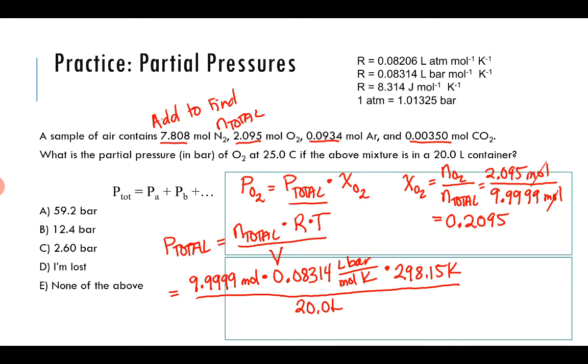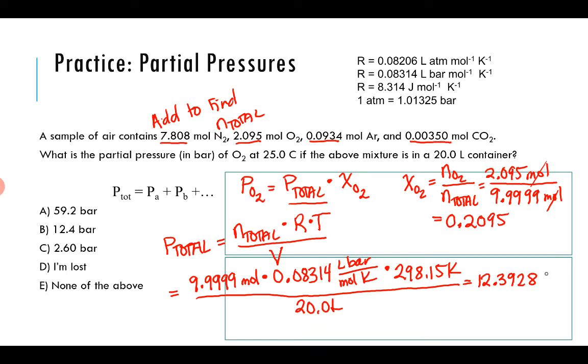And so typing that all into my calculator, I get 9.9999 times 0.08314 times 298.15 divided by 20. I end up with a number that is 12.3928.